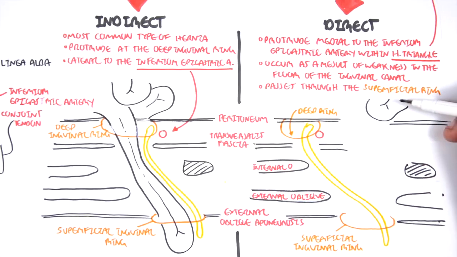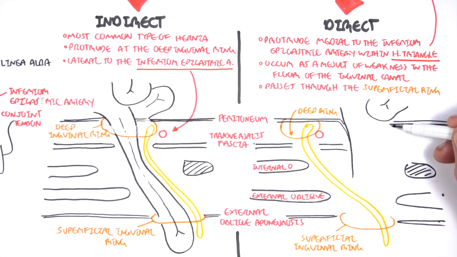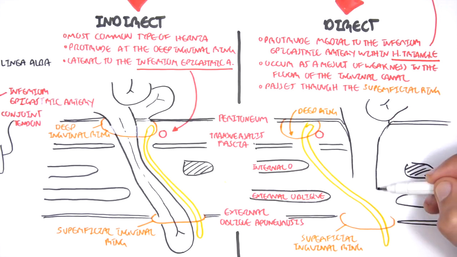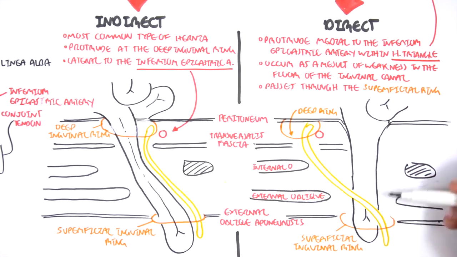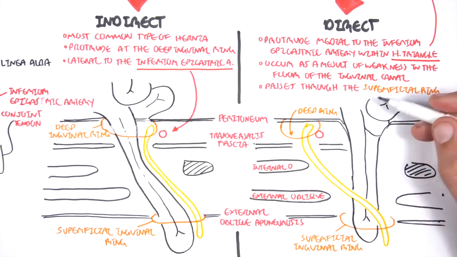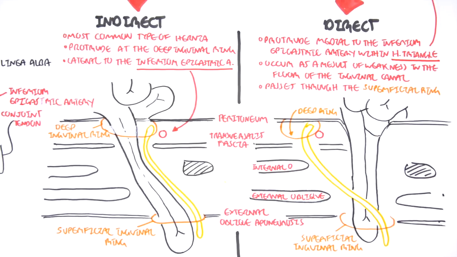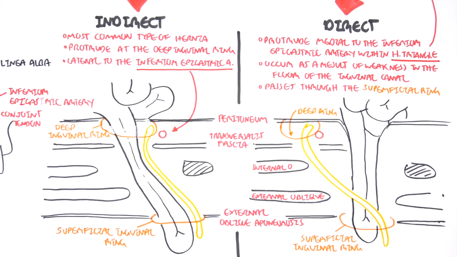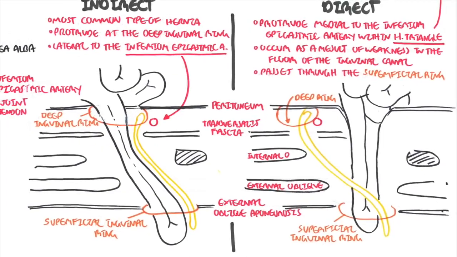Well, in a direct inguinal hernia, it only goes through the superficial inguinal ring. So what we see essentially is the intestine will go through these layers, and the intestine will just go through the superficial inguinal ring, medial to the inferior epigastric, and not come in contact with the deep inguinal ring.